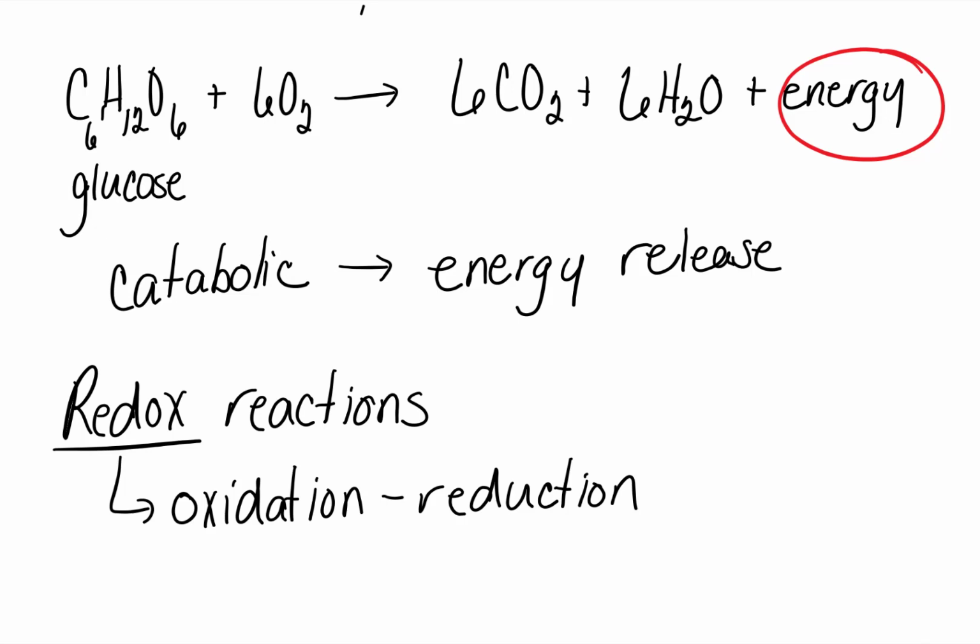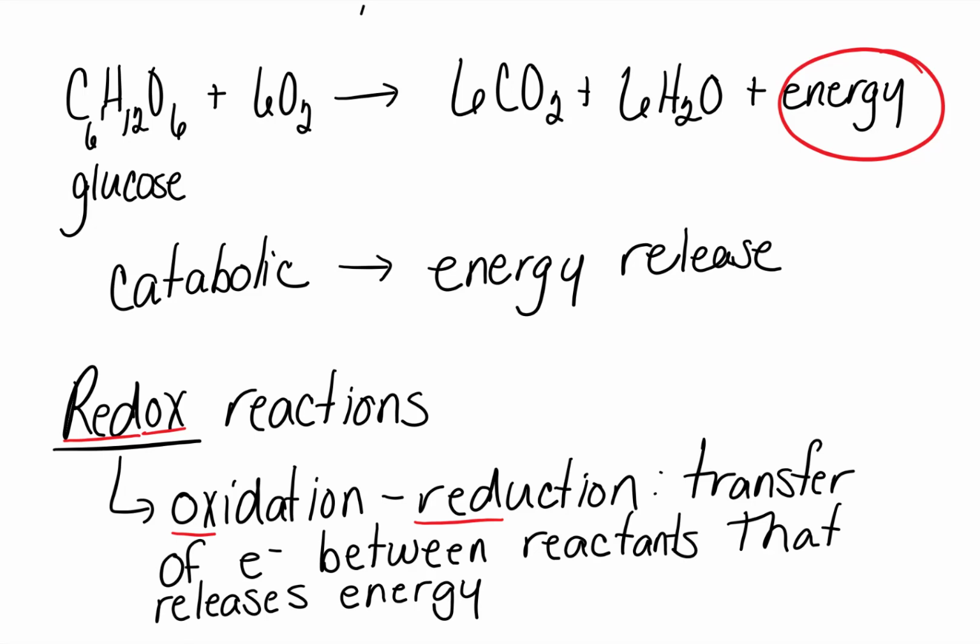The RED of reduction represents the RED in redox, and the OX represents the end of the redox term. And in oxidation reduction reactions, we have a transfer of electrons between reactants that release energy.